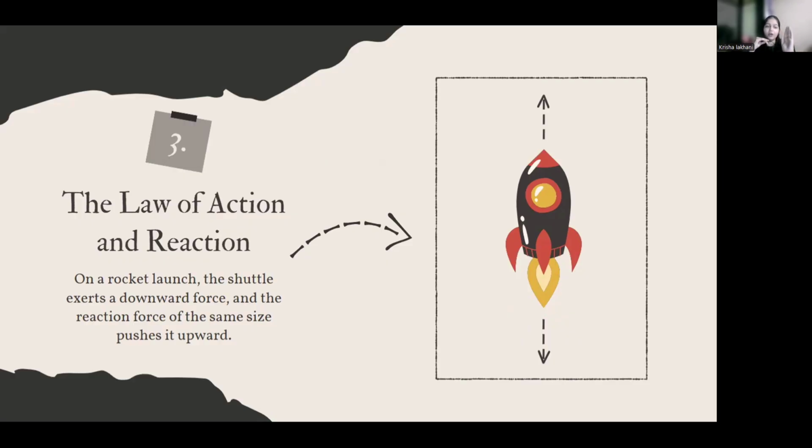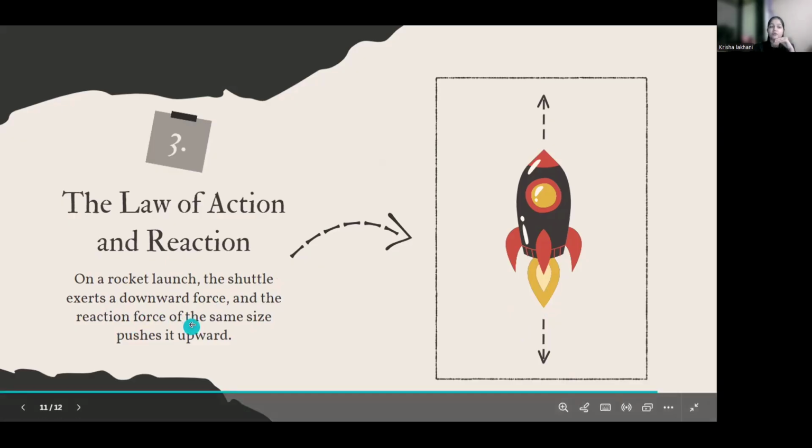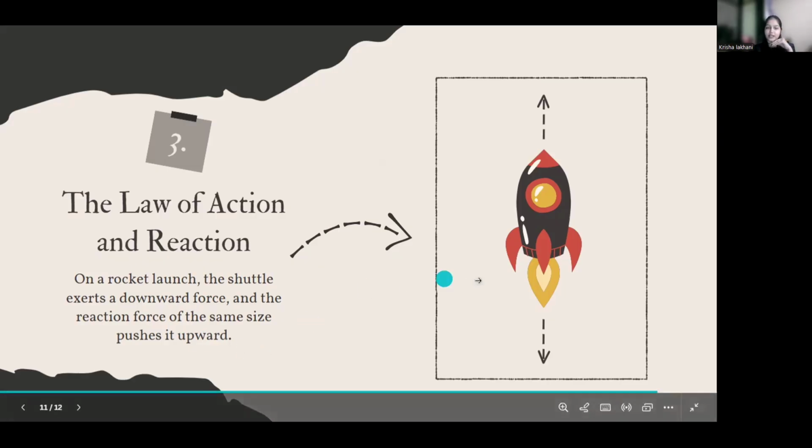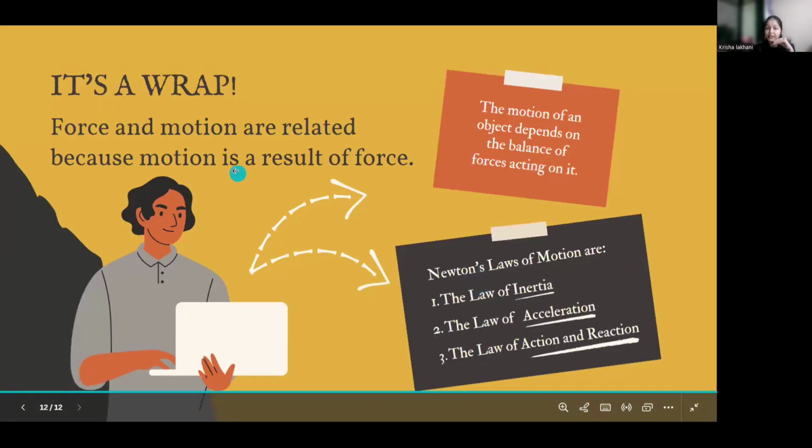Can you see that the rocket is moving upwards? Same way, on the rocket launch, the shuttle exerts a downward force and the reaction force is the same size, pushing it upwards. The reaction will be applied with the same force, that is why the rocket will move upwards. I hope all these points are clear to you all, and it's a wrap up here.